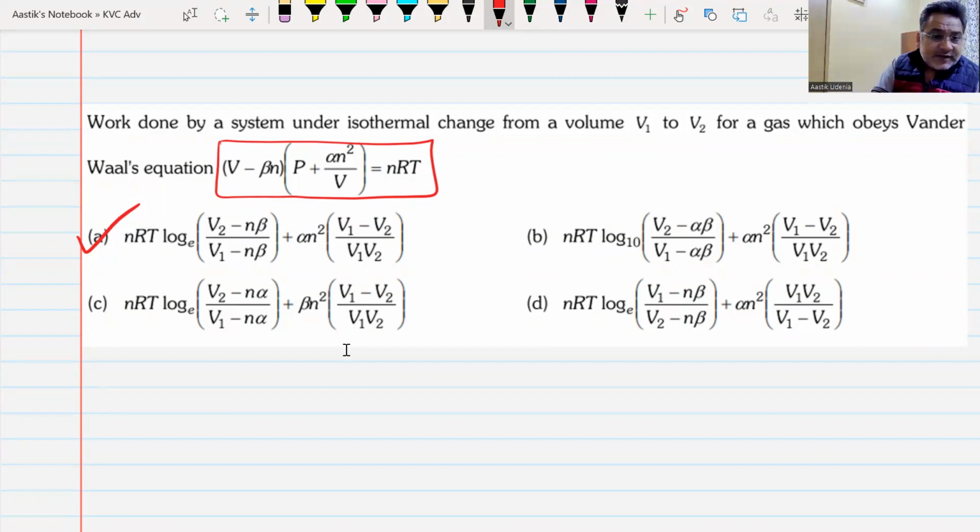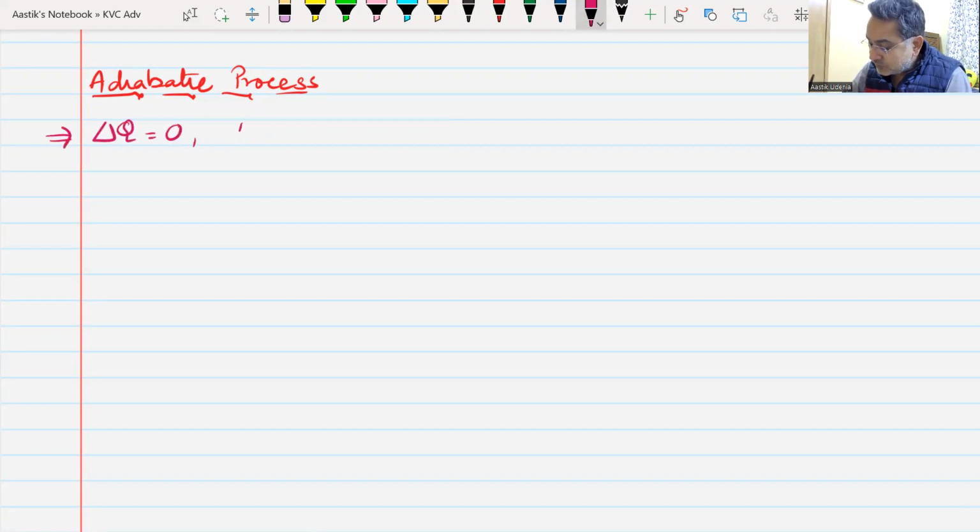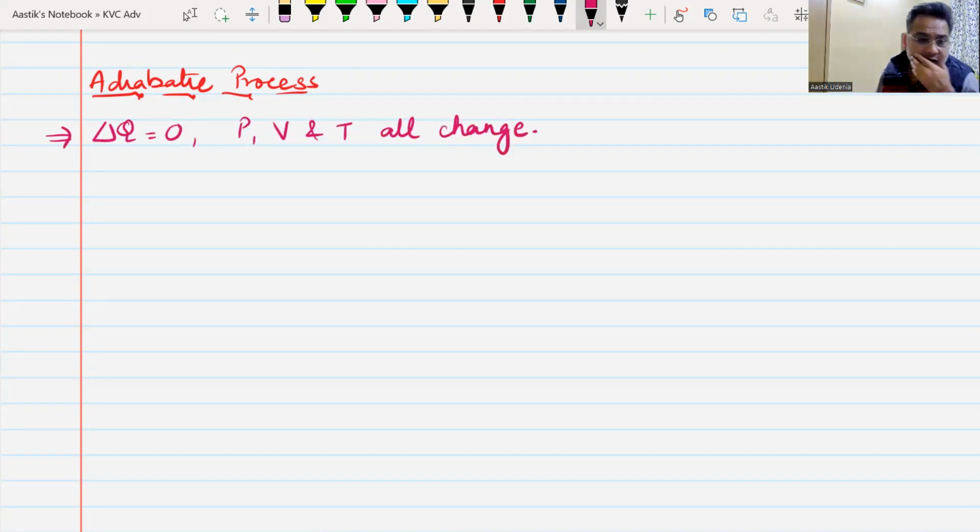The adiabatic process happens in such a way that there is no exchange of heat between the system and the surrounding. Delta Q is 0. Pressure, volume, and temperature all will change.